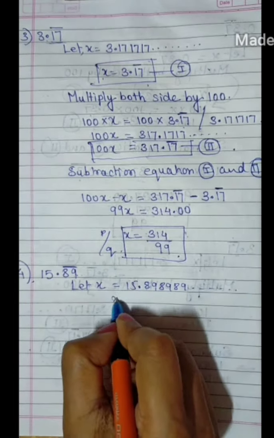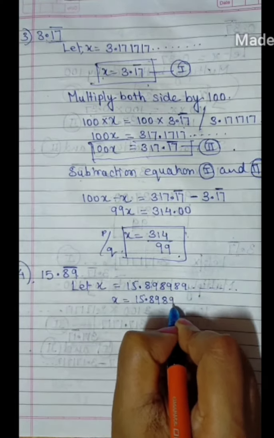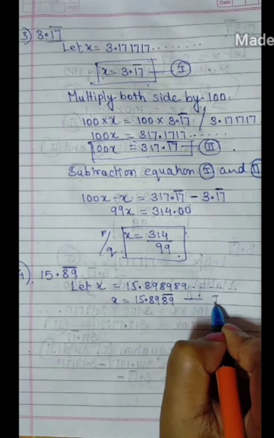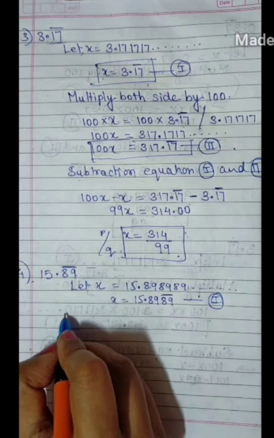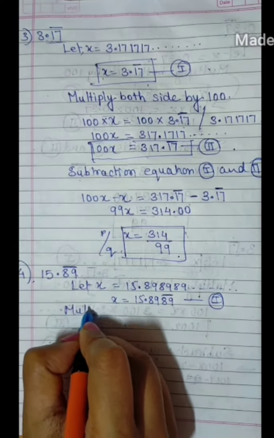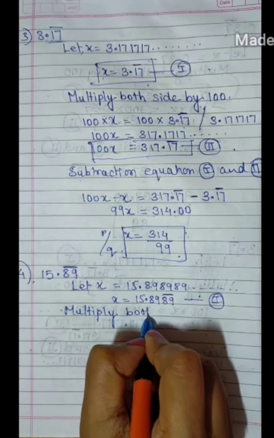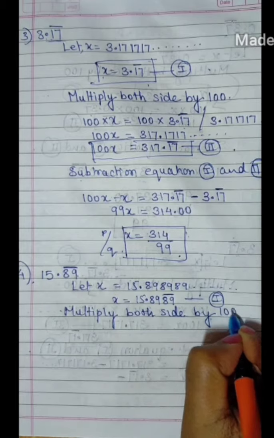So I am writing x is equal to 15.89 and 89 bar I am putting here. This is our first equation. Now we will multiply both sides by 100.